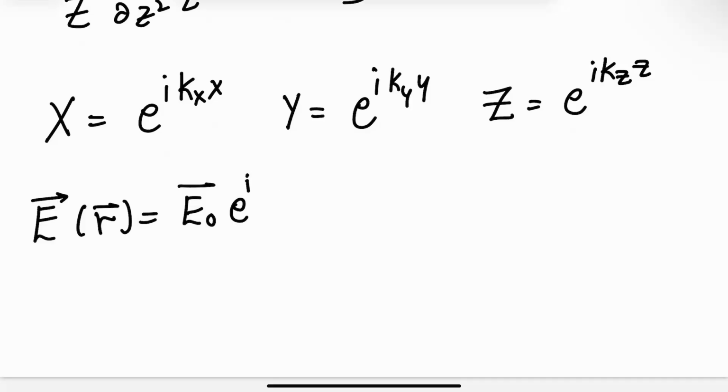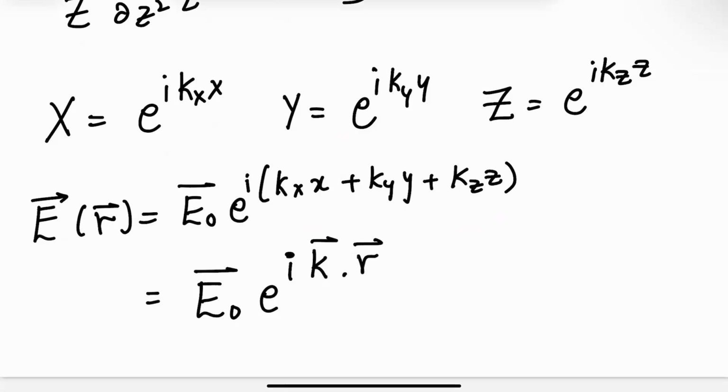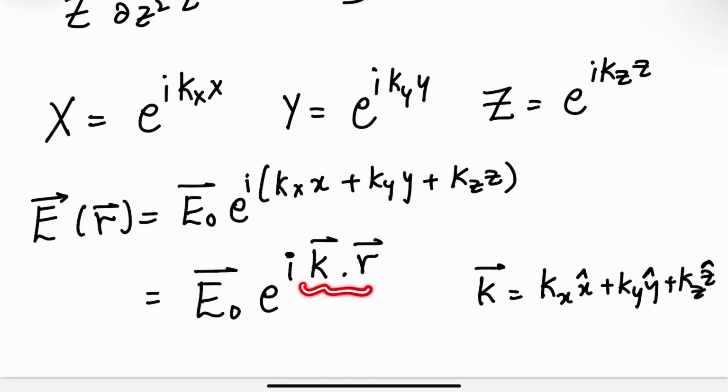It is e to the i (kx x plus ky y plus kz z). And that's exactly these three terms. This is your psi of r. Now this I can write as E naught vector e to the i k vector times r vector, where my k vector is kx x hat plus ky y hat plus kz z hat. You substitute that in, in Cartesian coordinates, and that gives you exactly this, which is what we want.